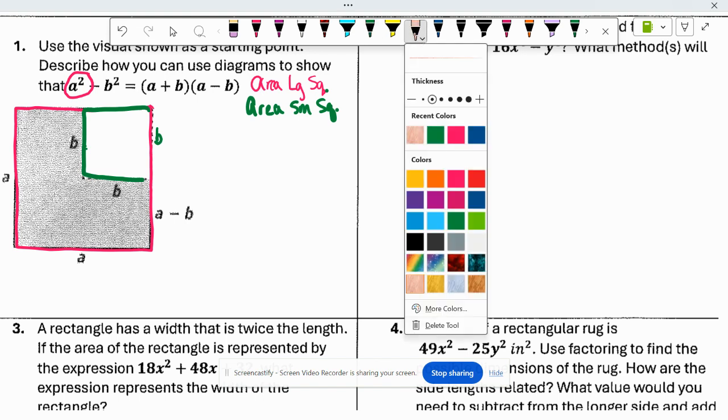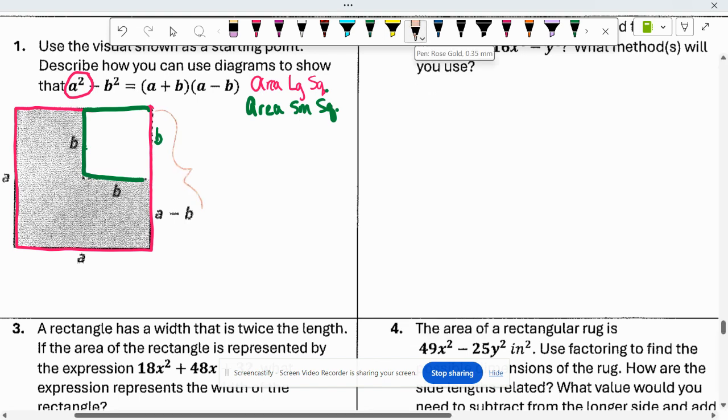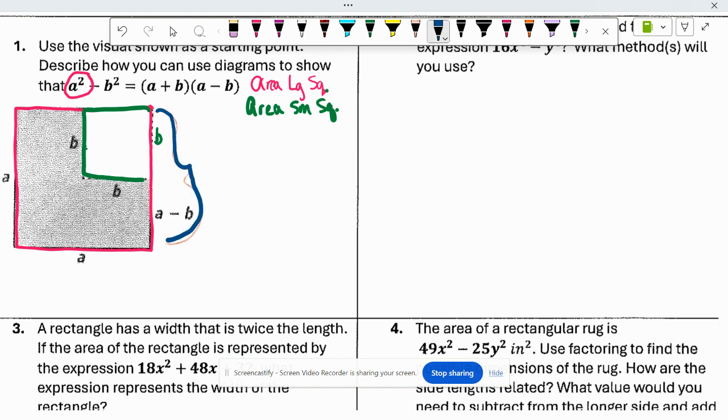Okay. So if this whole side right here is A, then this little piece here can be represented by A minus B, because the whole length minus the little piece that I took out of the top is going to give me A minus B.